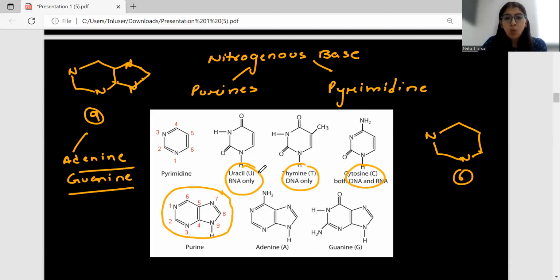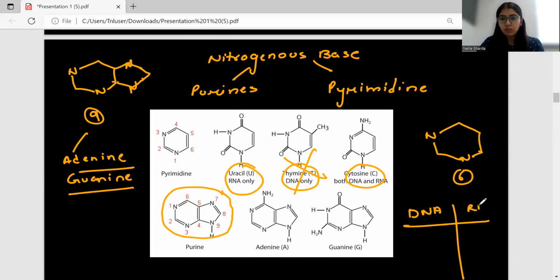Uracil is present only in RNA, and thymine is not present in RNA. Here we will discuss which nitrogenous bases are present in DNA and RNA. In DNA, adenine and guanine are present. In RNA, both purines, adenine and guanine, are present.